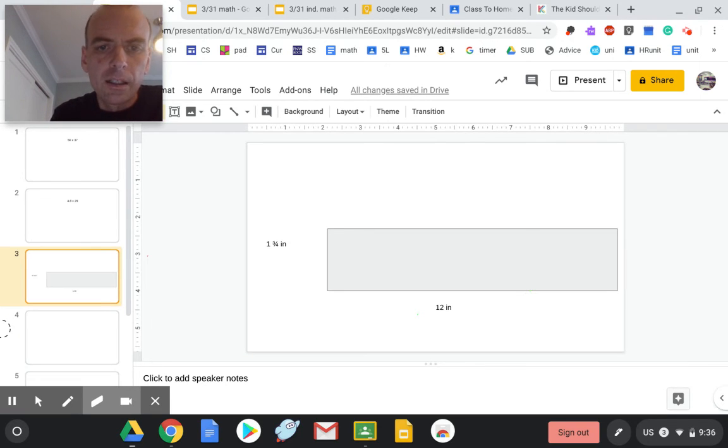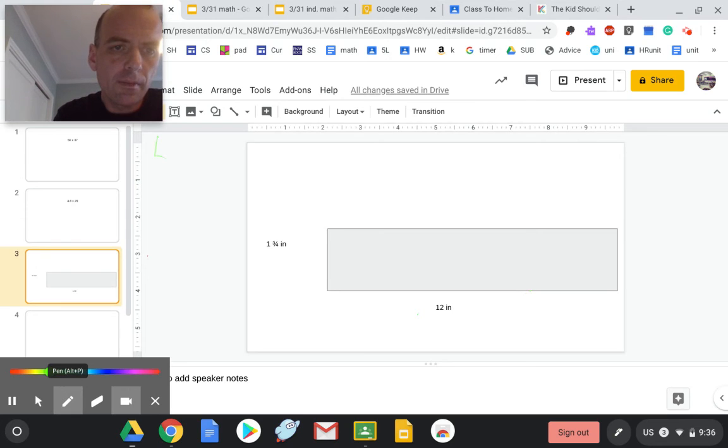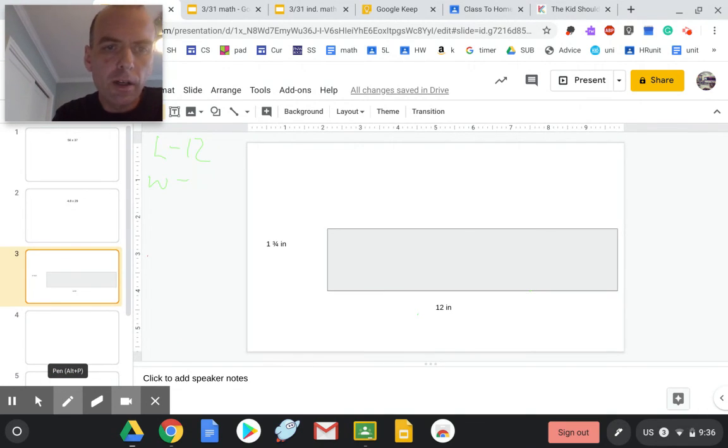So if our length is 12, and our width is 1 3/4, right? We're going to just have two problems.